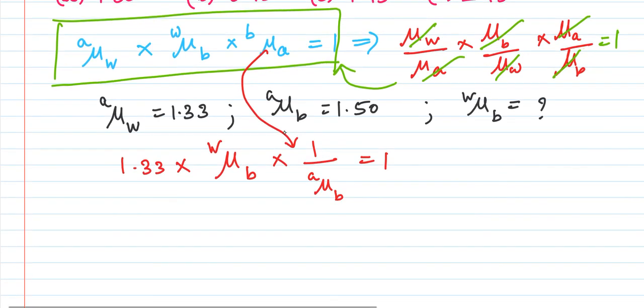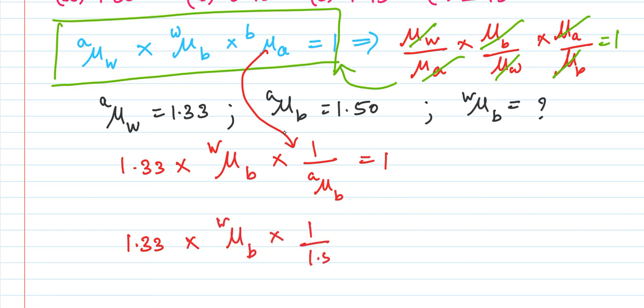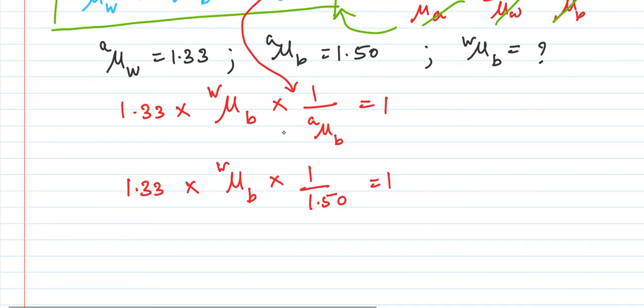So next step is what? 1.33 into mu benzene water into 1 by 1.50 is equal to 1. So what will be my next step? Mu benzene with respect to water is equal to this LHS side, that is left hand side denominator is coming to the RHS side numerator divided by this LHS side numerator is coming to the RHS side denominator.